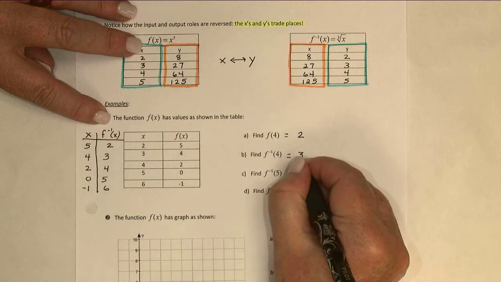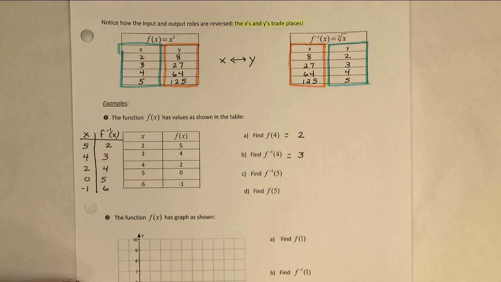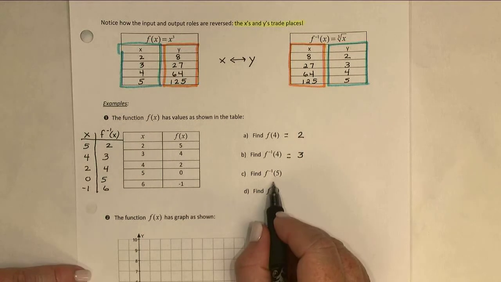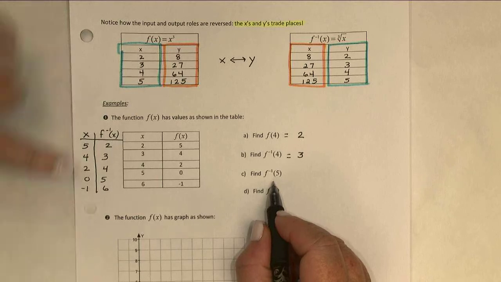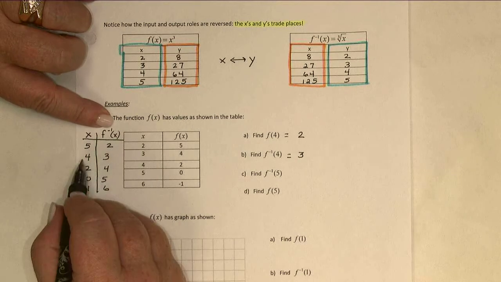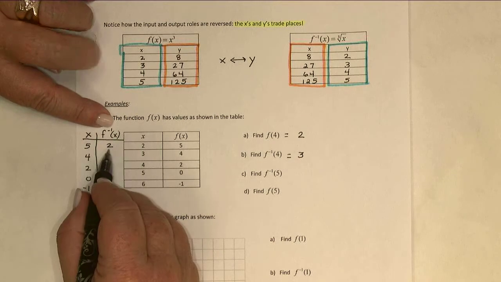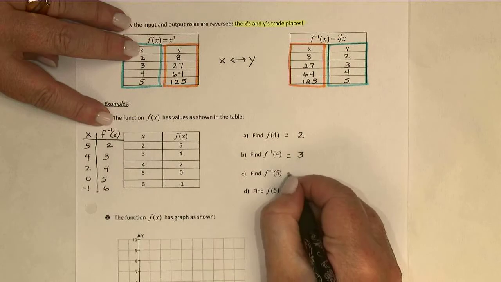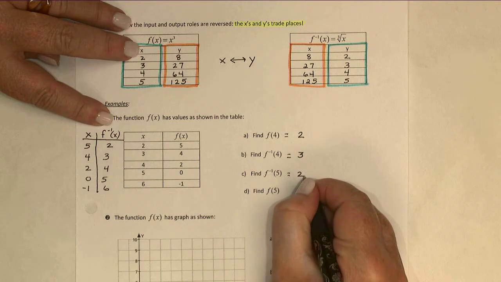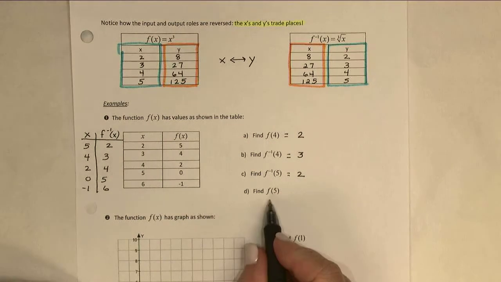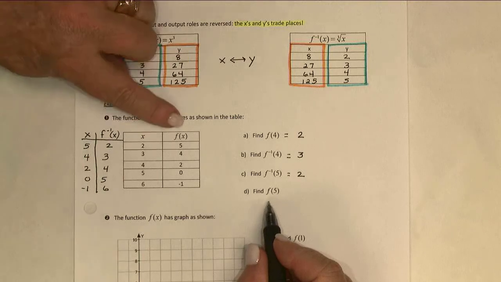If I want f inverse of 5, go to the inverse table, input of 5, output of 2. And then finally f of 5, I go to the f table, input 5, output 0.